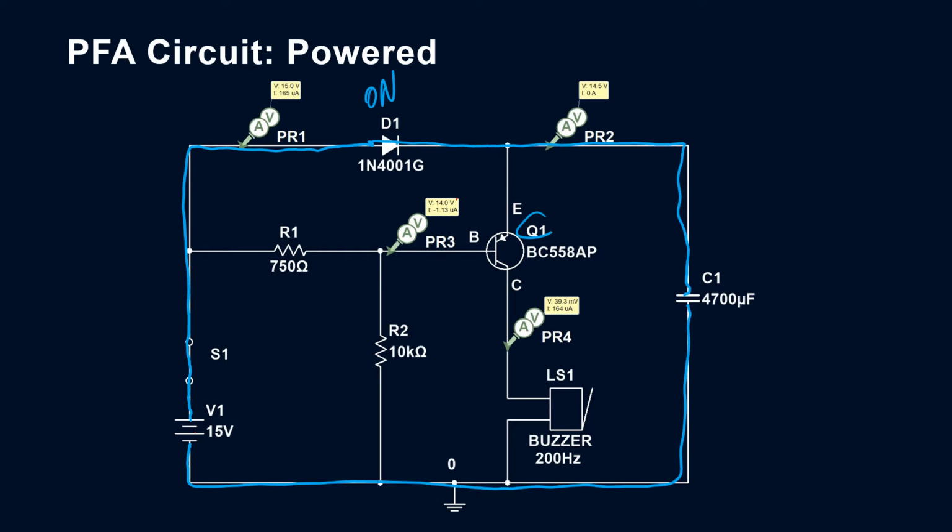Now, what's happening with Q1 here, the transistor? What's happening to that depends on the voltage at the base, or the difference between the voltage at the emitter and the base. Now the base voltage is controlled by R1 and R2, the proportion between the two. R2 isn't that important, the size of it, but R1 is as far as the proportion to R2.